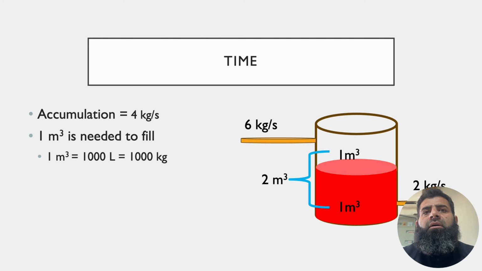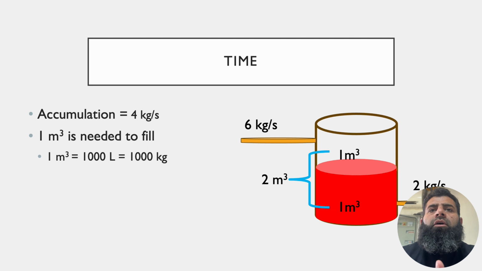As it's easier to convert cubic meter into kilogram, we'll use the conversion factor that 1 cubic meter is equal to 1000 liter, and 1 liter is equal to 1 kilogram. So 1000 liter will be equal to 1000 kilogram. As the density of water is 1000 kilogram per cubic meter, 1 cubic meter will be equal to 1000 kilogram.